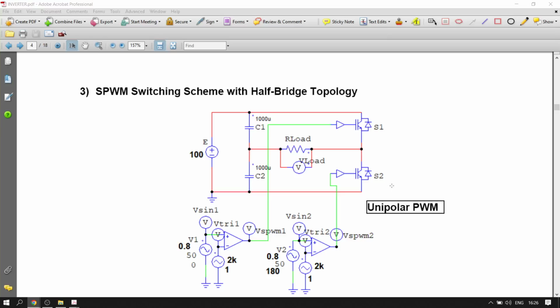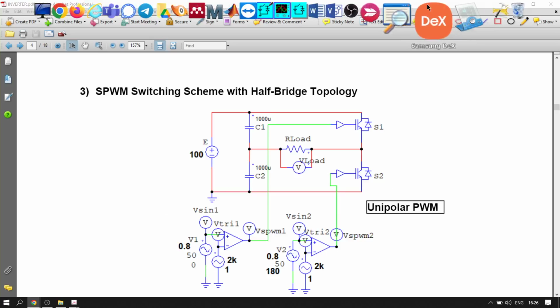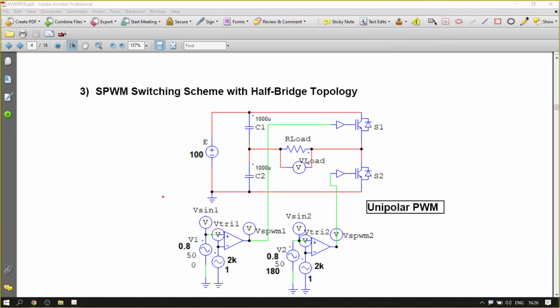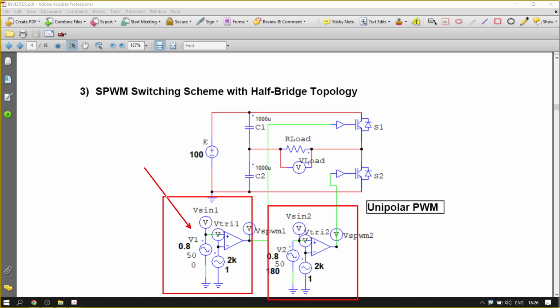That is most important. Senang je, kalau unipolar you require two comparators here, isn't it? Kita mesti ada dua comparator, comparator 1, comparator 2. The first comparator, we're going to compare a conventional, normal sinusoidal waveform with a triangular carrier with positive values only.